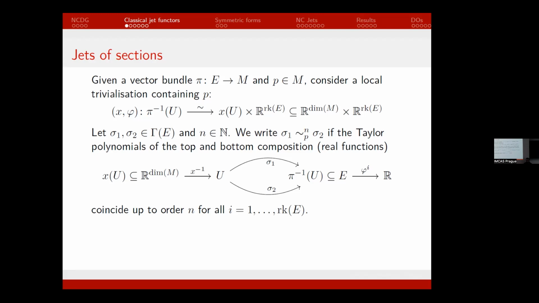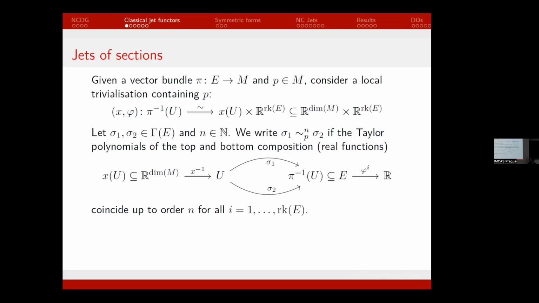For every couple of sections, we consider the corresponding real functions, and we define the relation where two sections are equivalent if and only if the two corresponding real functions coincide up to order n in their Taylor polynomial.